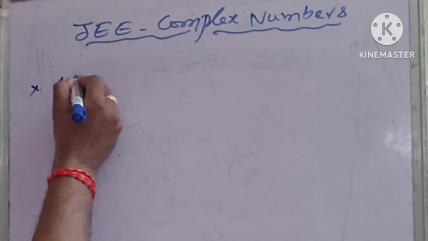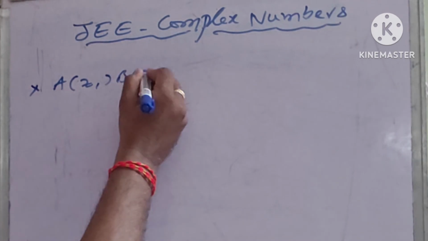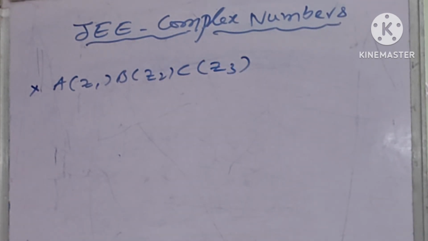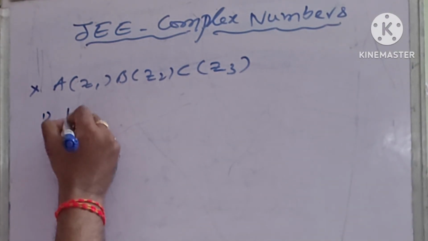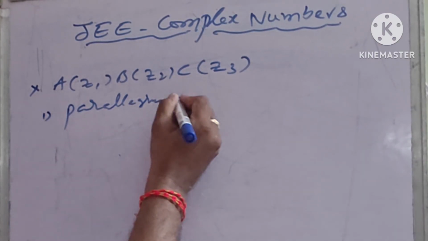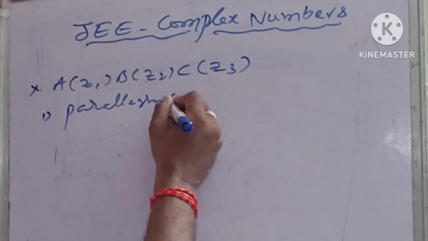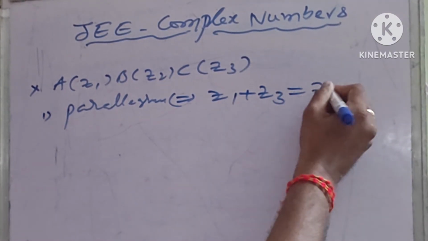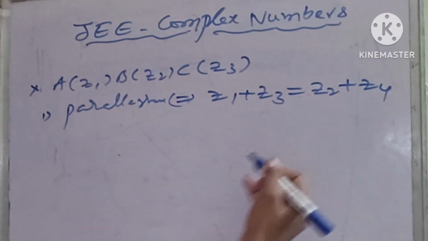Now z1, z2, z3 are the representative vertices. First one, parallelogram. The condition is z1 plus z3 is equal to z2 plus z4.